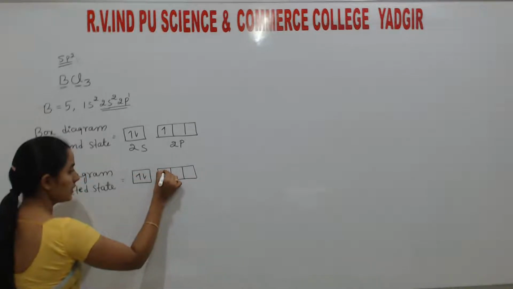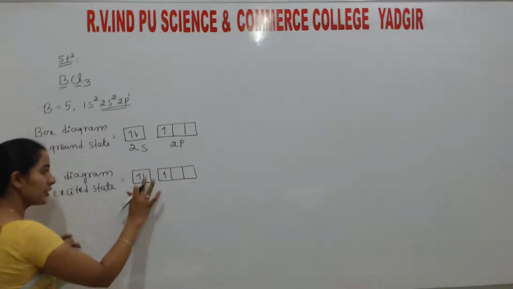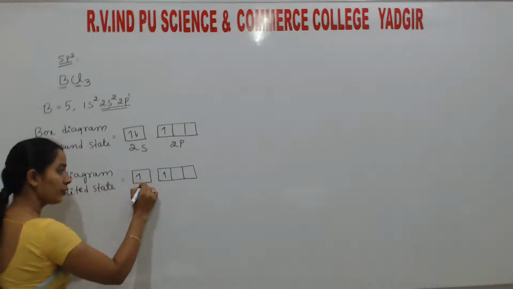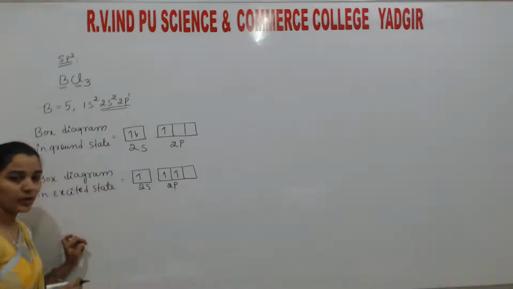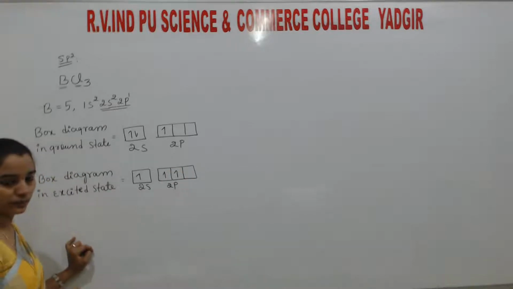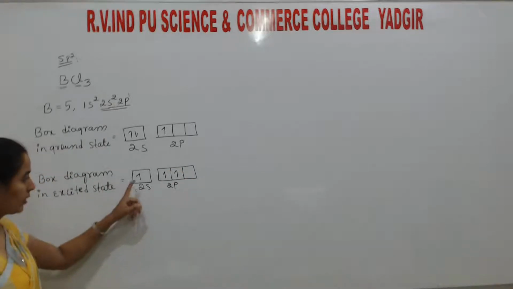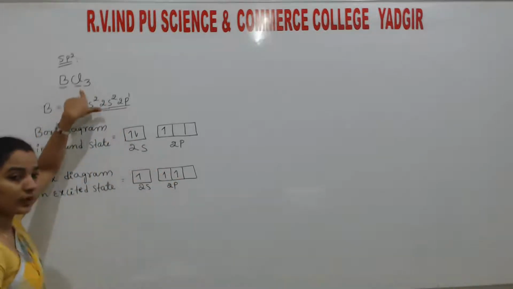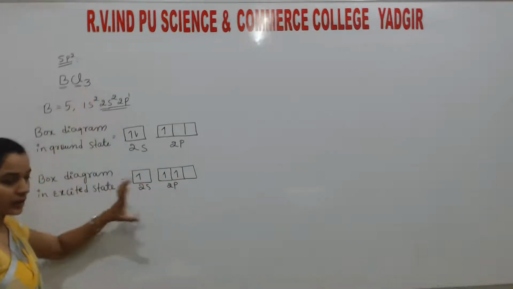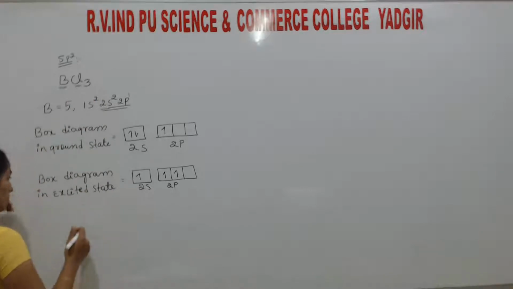Excitation means the electron of the 2s orbital jumps to the 2p orbital. Then compare: here 1, 2, 3 unpaired electrons are there. Here also we require 3 bonds. Then it is satisfied.